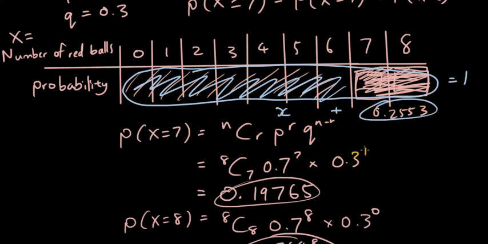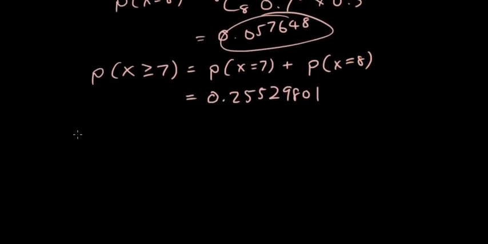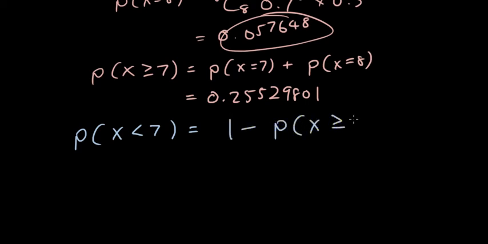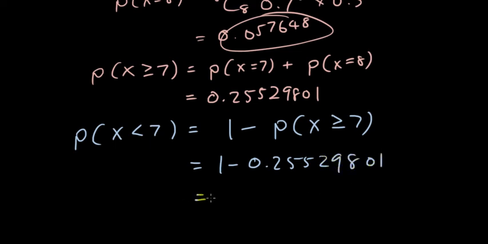So we can just say the probability of X being smaller than 7 is 1 minus the probability of X being bigger than or equal to 7, which is 1 minus 0.2552981, and the answer is 0.7447.